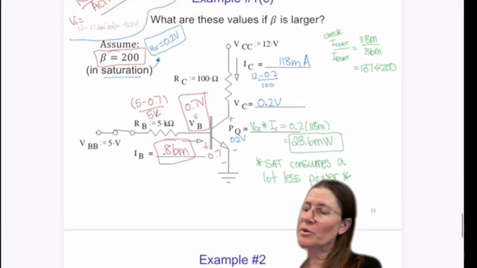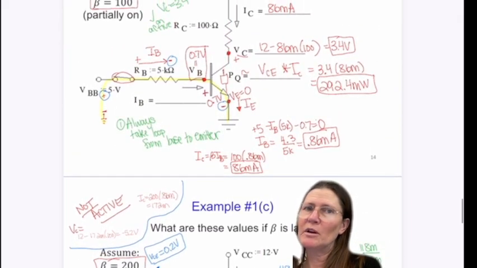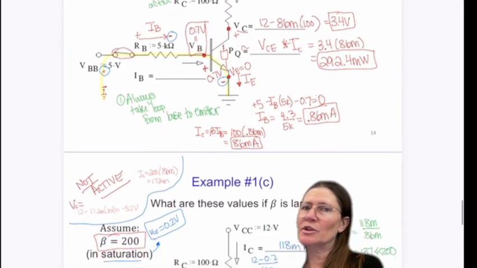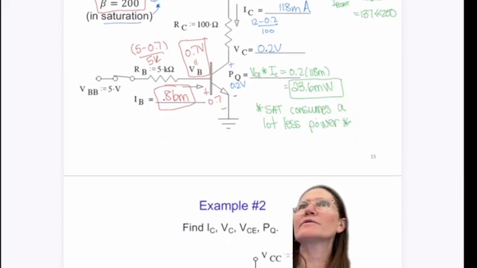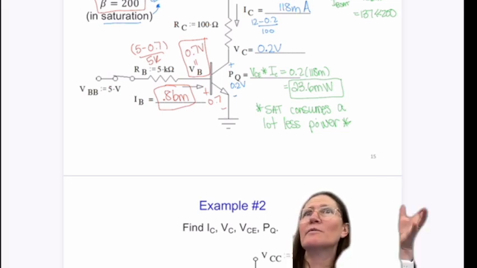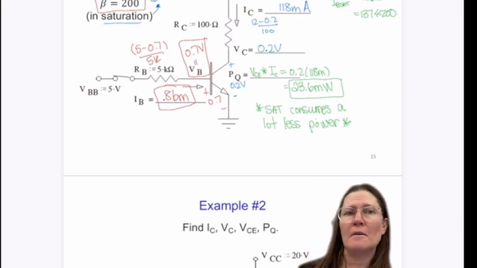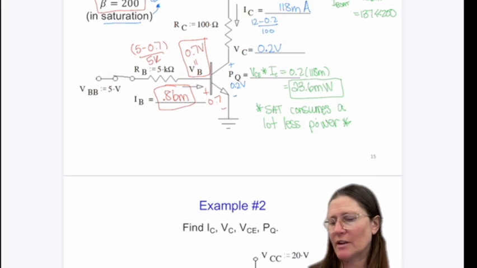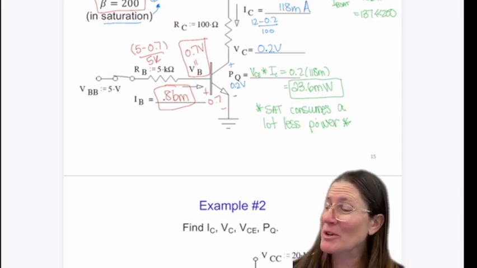So 23.6 milliwatts, same circuit with the same resistors. That one had 292 milliwatts. So a lot of difference in power consumption. So this is good to know. If you are going to do this kind of setup for a motor, you want to make sure it is driven in the saturation region instead of the other region, instead of active mode.